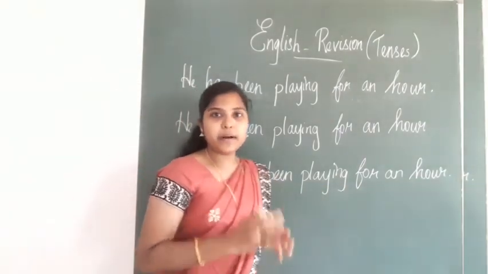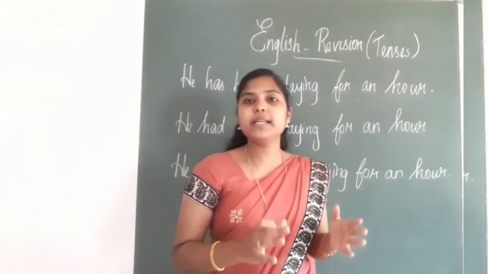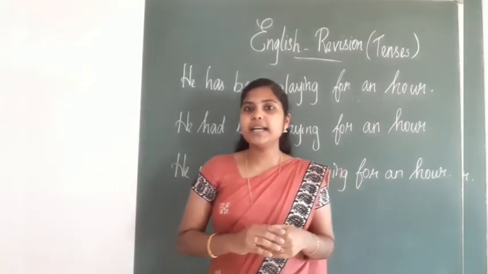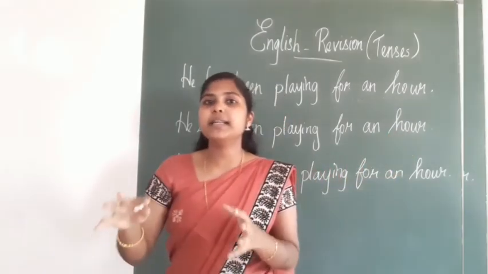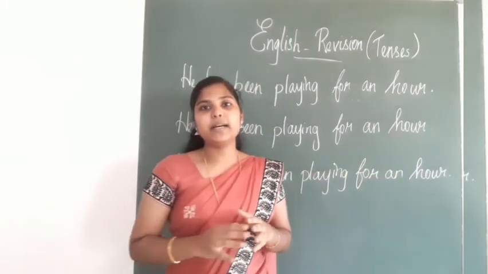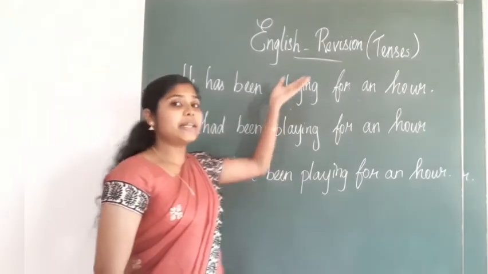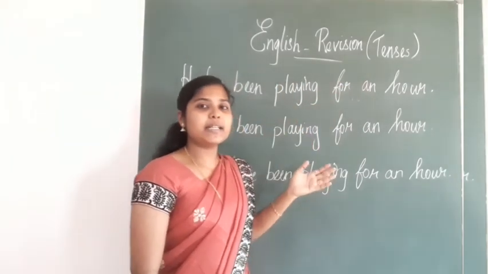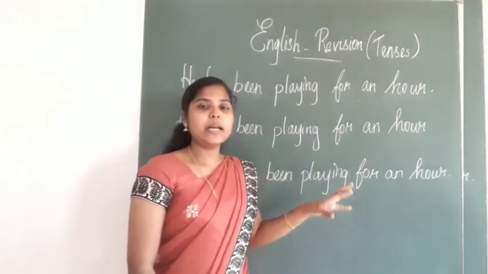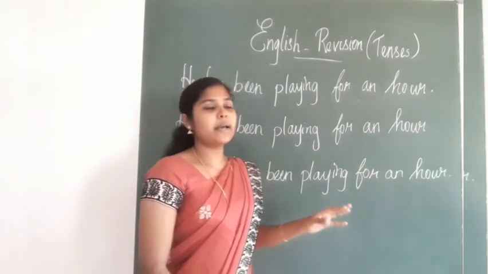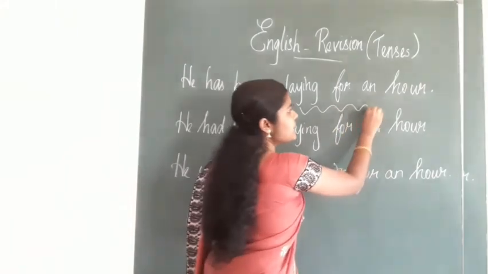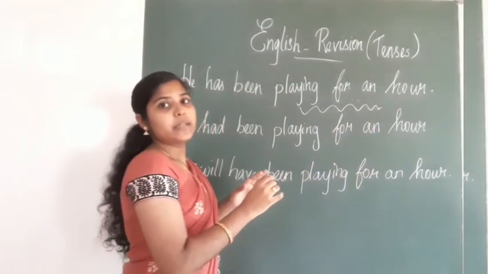Just like perfect tense. Present perfect tense is indicating a completed action, but it has a connection with the present. Similarly, present perfect continuous tense is indicating a completed action which takes place to the present. Okay, it is continuing to the present.